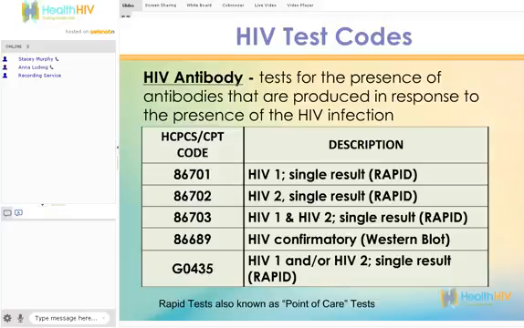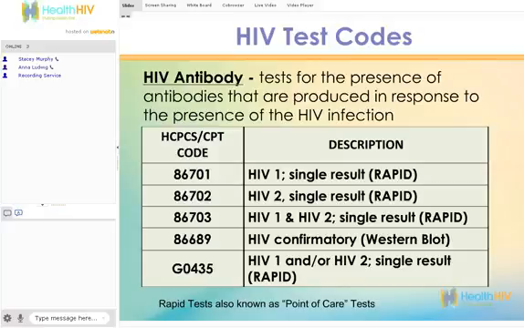In terms of the types of codes that you would be using in your office for point of care, you can use 86701, 86702 if it's for a patient that you suspect may have the HIV-2 virus, or you could use 86703 for HIV-1 and 2.